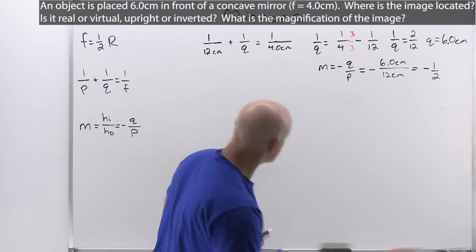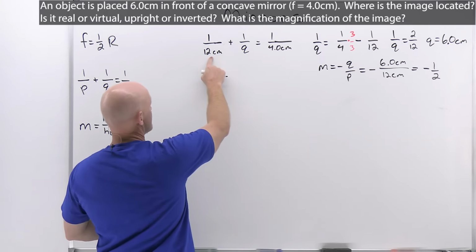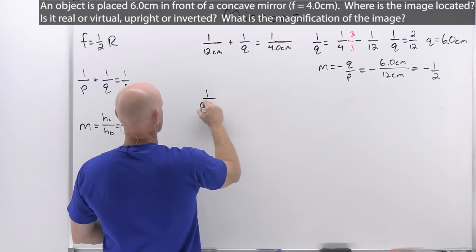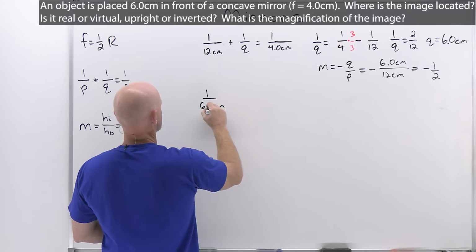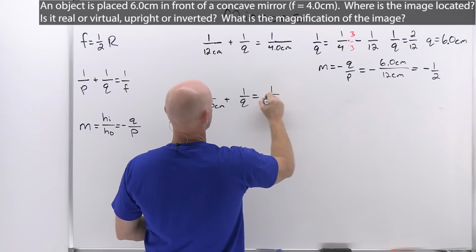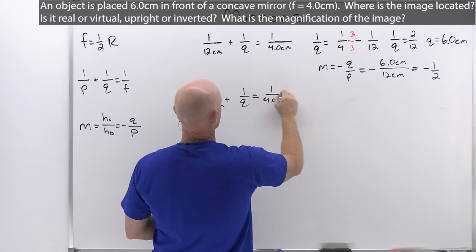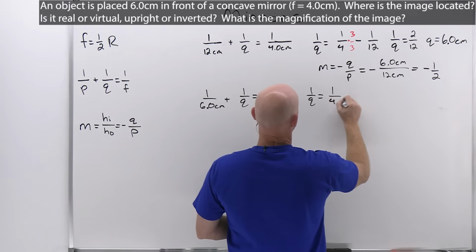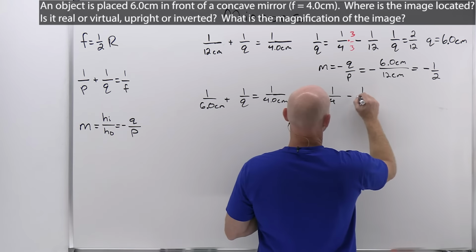So it's pretty much the exact same set of calculations, except in plugging in for p, it's not going to be 12 centimeters anymore. It's now going to be 6 centimeters instead. So 1 over 6 plus 1 over q equals 1 over 4. If I solve for q, 1 over q is going to equal 1 over 4 minus 1 over 6.